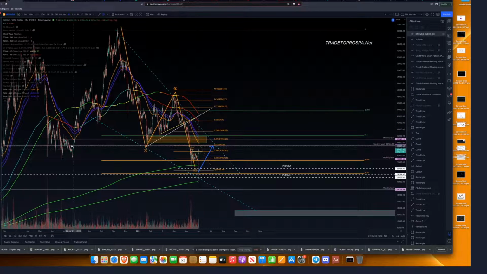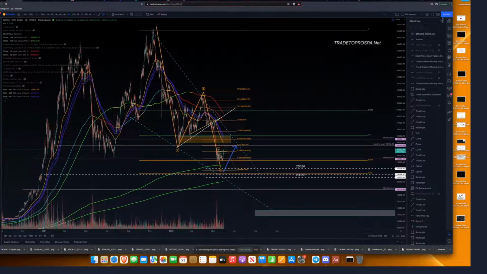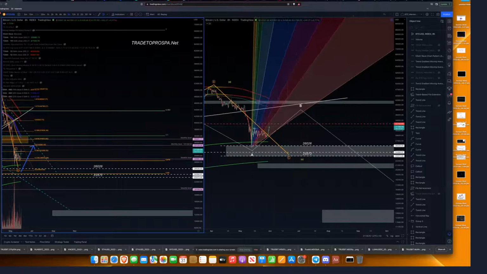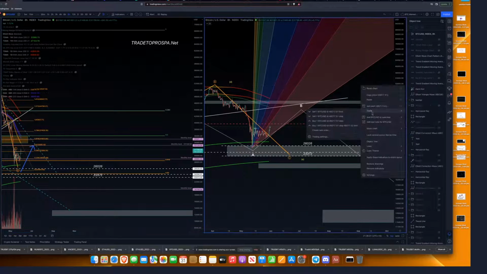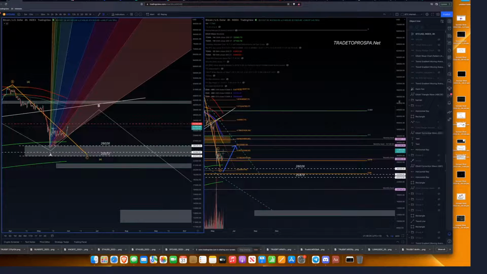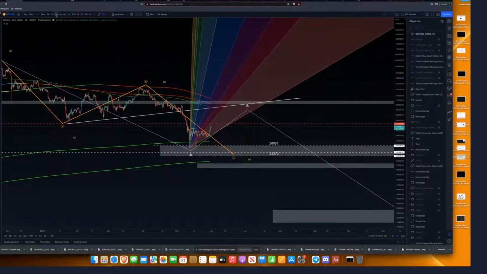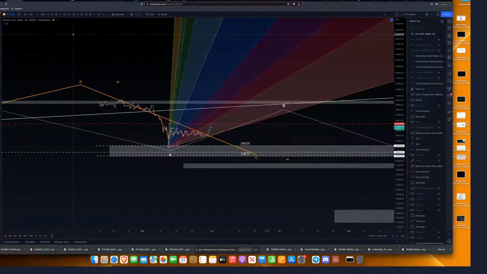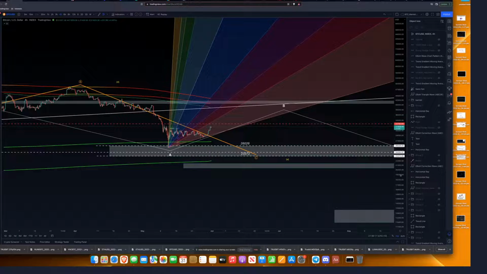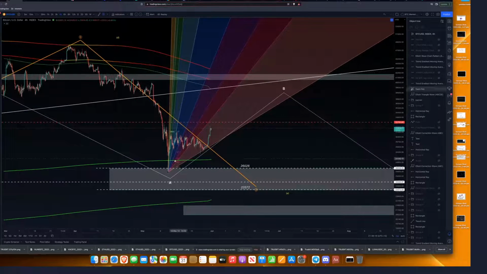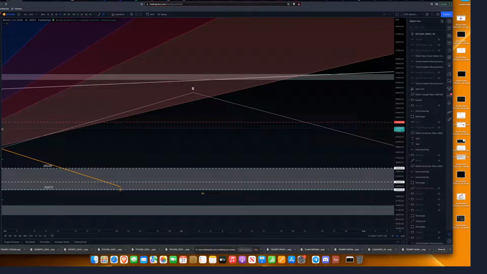This level, if I was to switch to another chart, which is this one here. So let's just change that around. We had pretty much on the 4-hour, I think, a very good chart. You can see this fib fan.